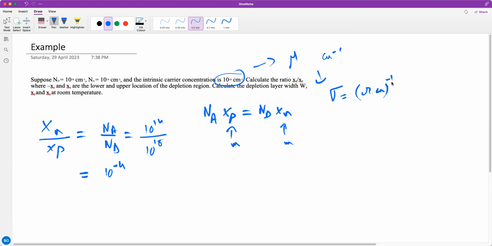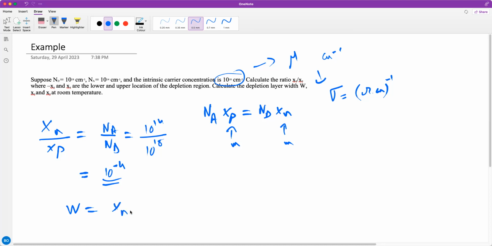So yes, here the 10 to the minus 4 is the ratio of the depletion region. Calculate the depletion layer width. So how do you calculate the width of the depletion region? xn plus xp.